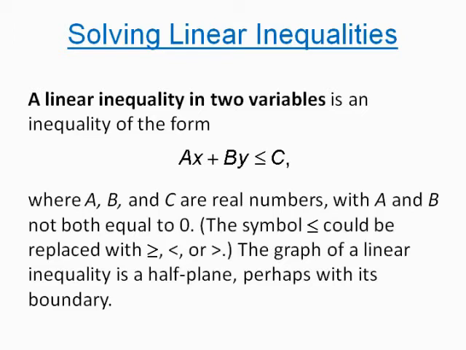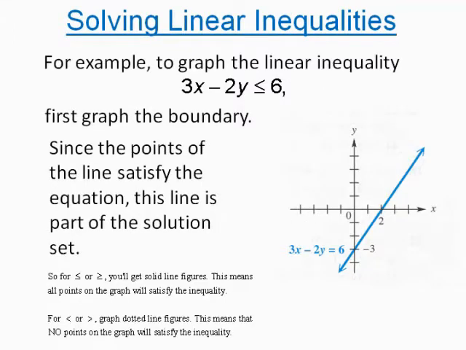The symbol, less than or equal to, could be replaced with greater than or equal to, less than, or greater than. And the graph of a linear inequality is a half plane, perhaps with its boundary, and we'll look at these a little bit more as we move through.